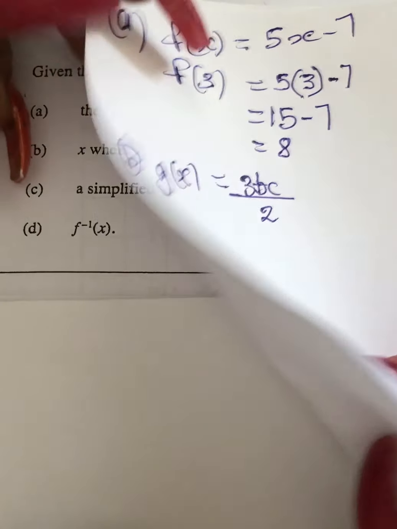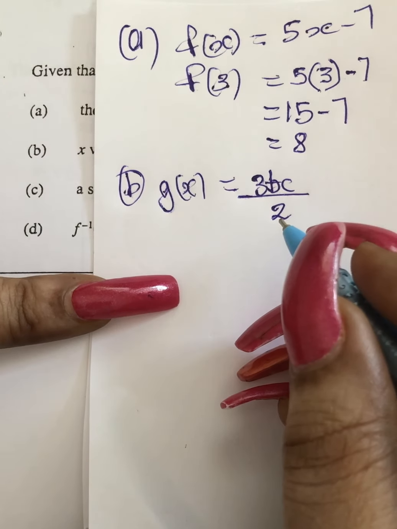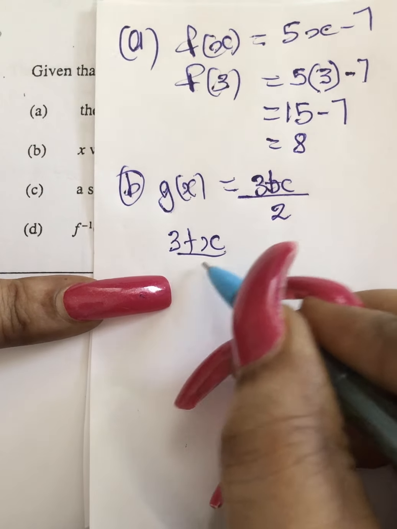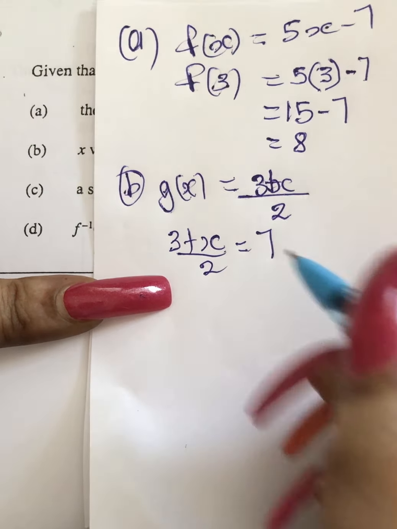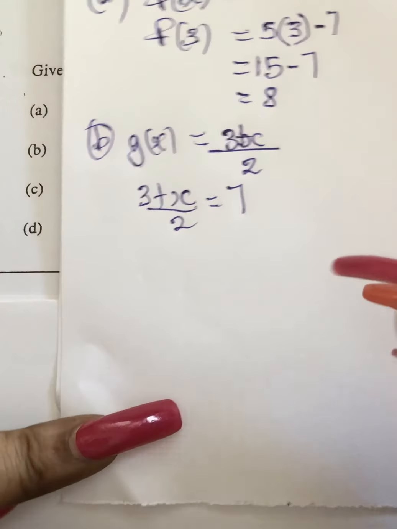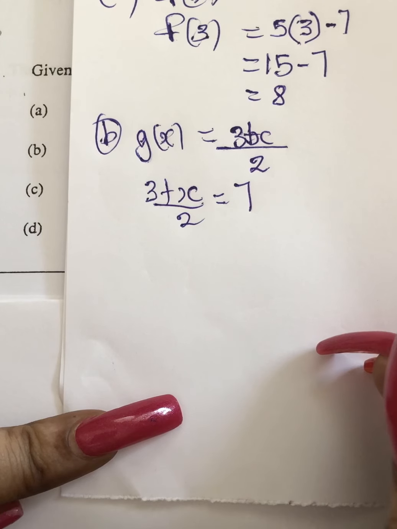This is my g of x and I want to make it equal to 7. 3 plus x over 2 is equal to 7. And then I solve for x.